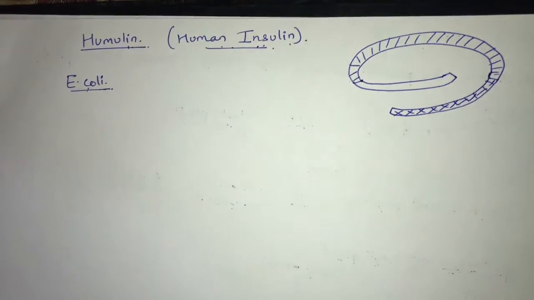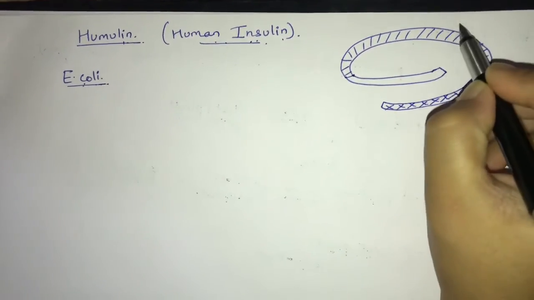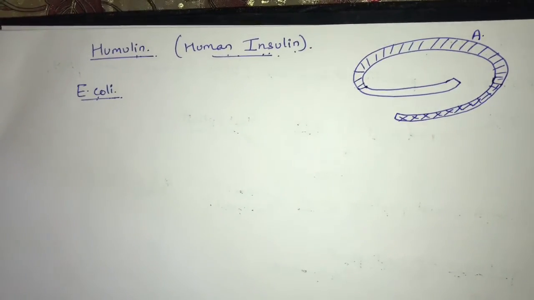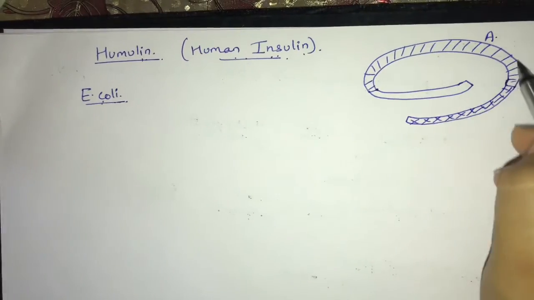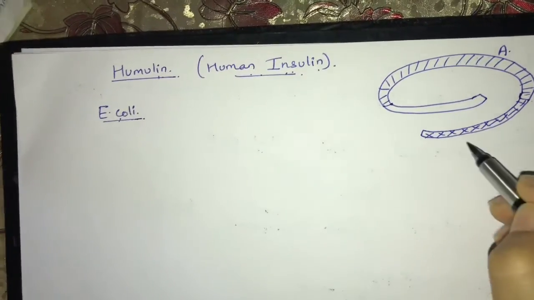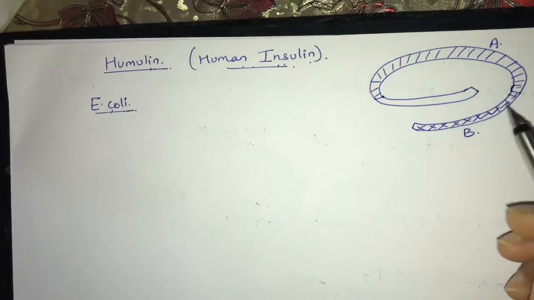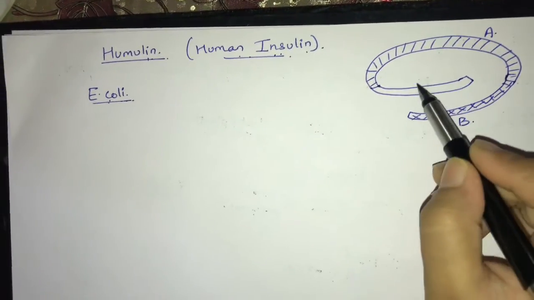Consisting of the A polypeptide, and this one is the B polypeptide, which is connected by the C polypeptide. You know what a polypeptide is, a long chain of amino acids.